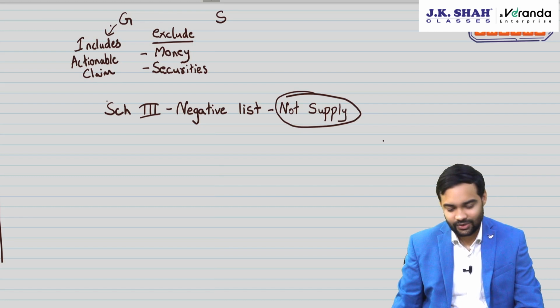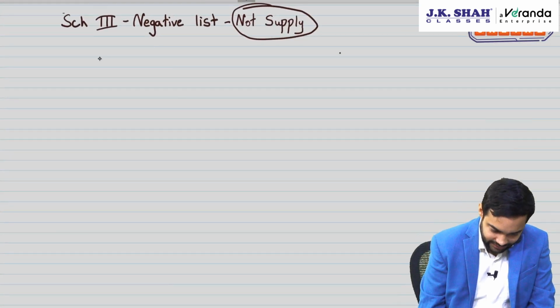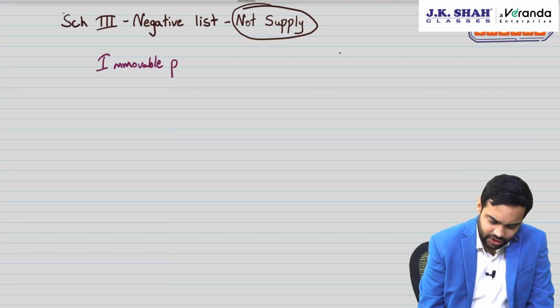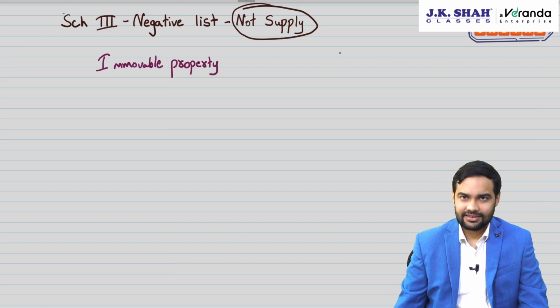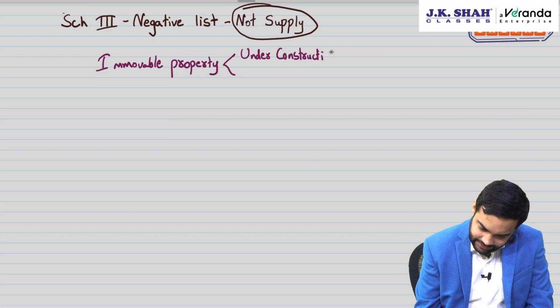Now coming back to our discussion of not a supply. The first one is immovable property, but it does not cover every immovable property. It talks about sale of land, sale of building, except when it is under construction. Now, immovable property, if you purchase an under construction property, then in that case it is liable to GST.